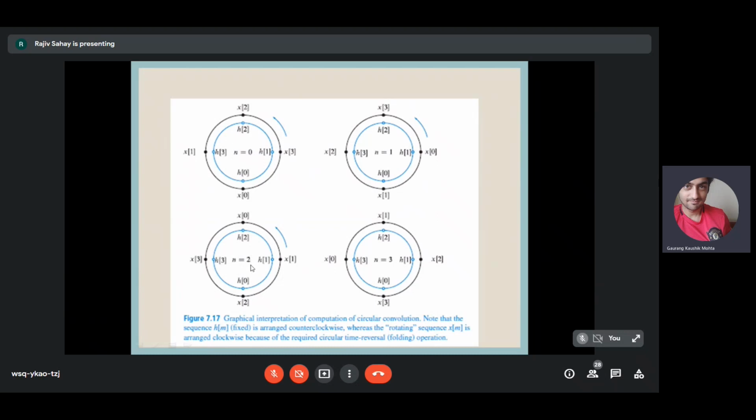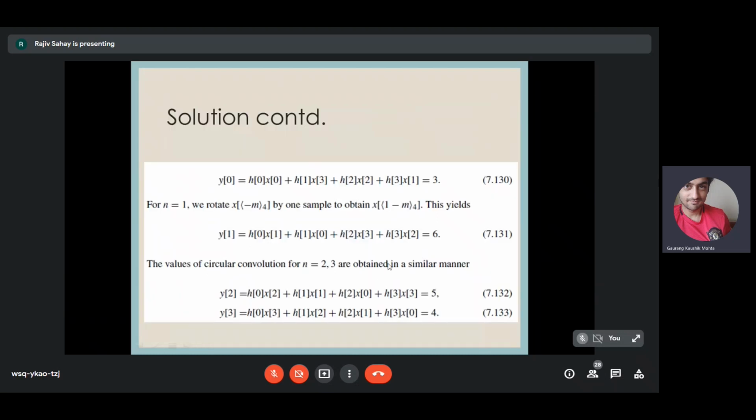This corresponds to y2 and this corresponds to y3. So now you will get 4 equations, and you can write these 4 equations in terms of a matrix vector product. Whatever I'm telling you is really, really important.